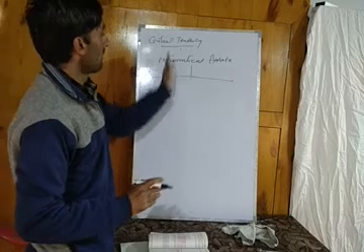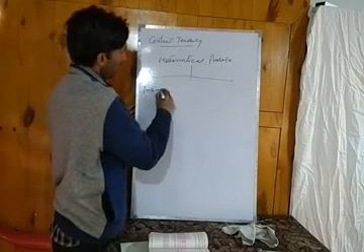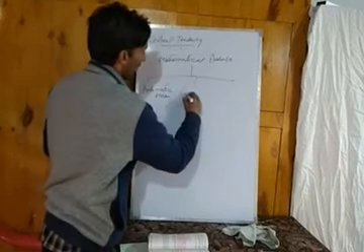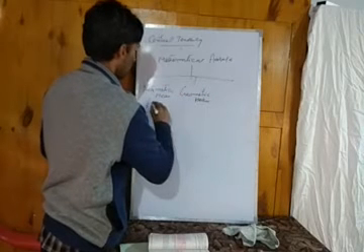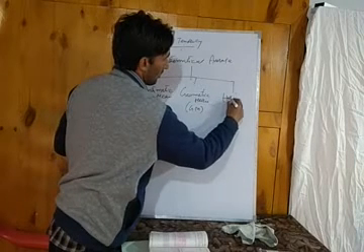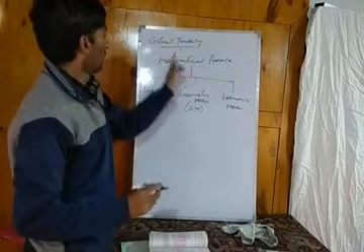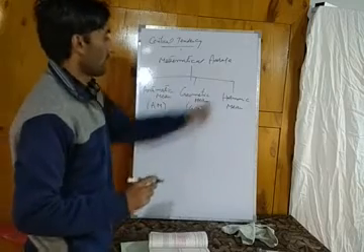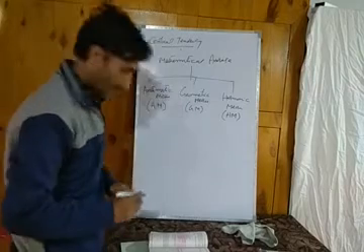One of them is arithmetic mean, also called AM, the next one is geometric mean, called GM, and the third is harmonic mean, which we call HM.